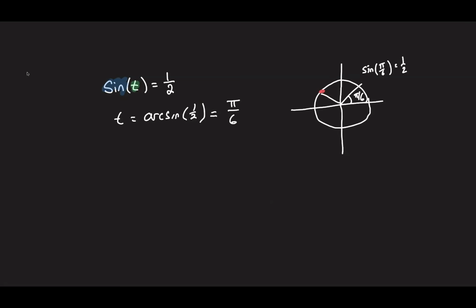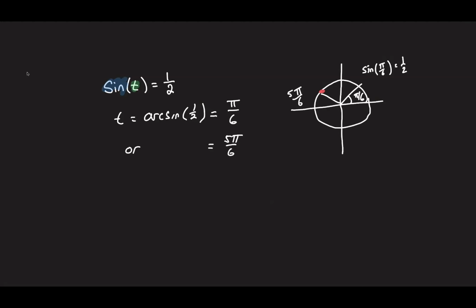Over here we would be at 5 pi over 6, with the same reference angle of pi over 6, which means we have the same y coordinate, which is 1/2. And so through this process, we get that t is equal to pi over 6 or 5 pi over 6.